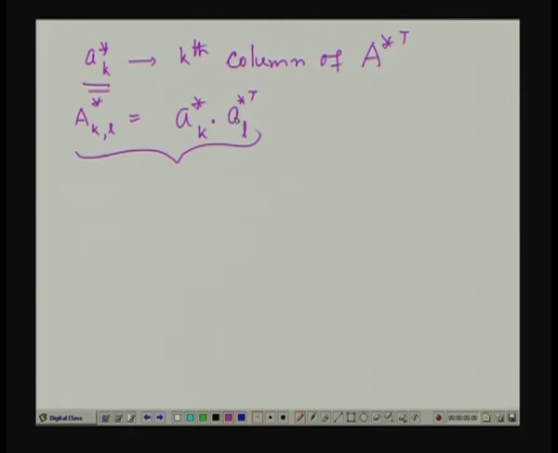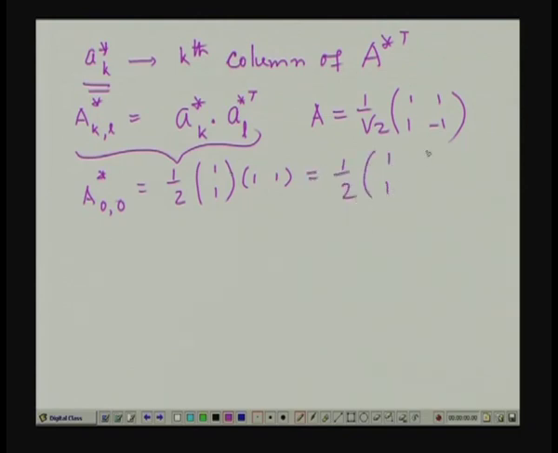So, using the same concept, in this particular example where the transformation matrix A is given as 1 upon root 2 into 1, 1, 1, minus 1, I can compute the basis images. A 0 0 star, the 0th basis image, will be simply half into the basis vector 1, 1 times 1, 1 transpose. So, this will be nothing but half into 1, 1, 1, 1.